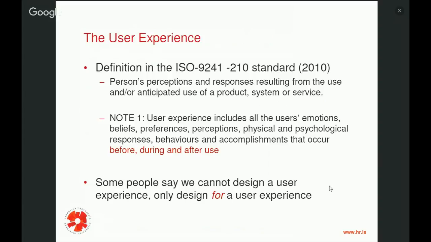And here in the first note, they say user experience includes all the user's emotions, beliefs, preferences, perceptions, physical and psychological responses, behaviors, and accomplishments that occur before, during, and after use. So it is much, you see the difference, don't you?